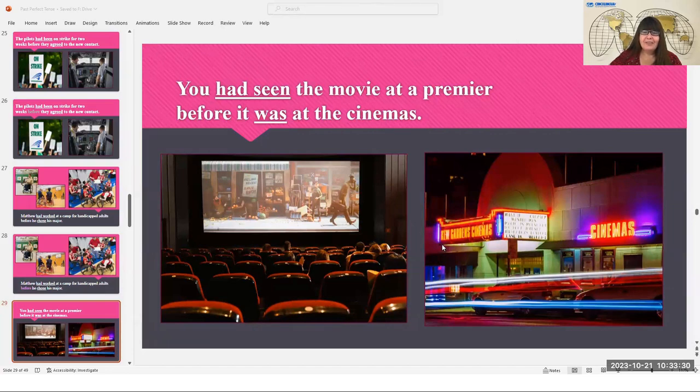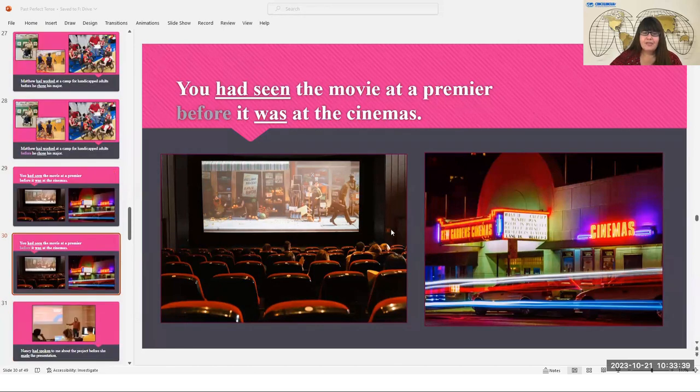And then later, after the premiere, the movie goes to all the cinemas. So now everybody can go in and buy a ticket. So you had seen the movie at the premiere, just a few people invited, before it was at the cinema.